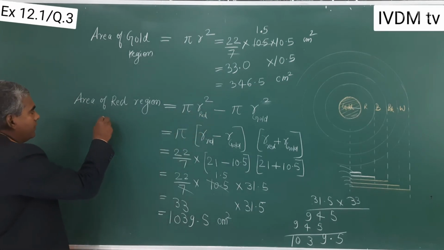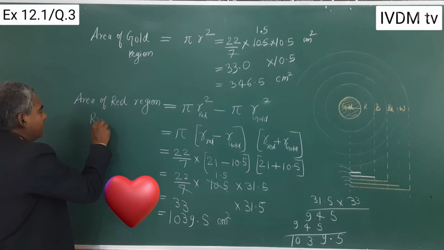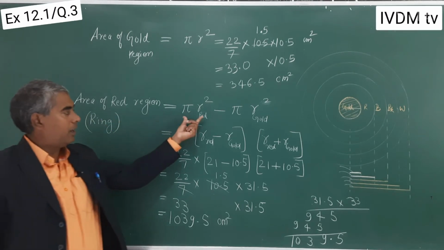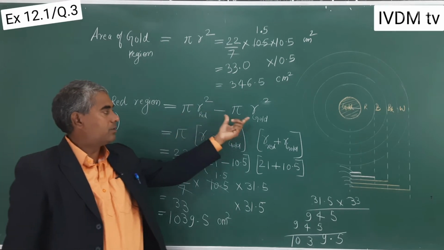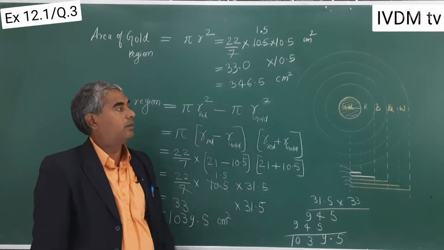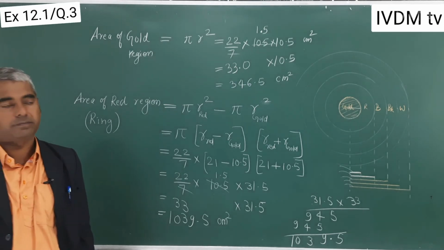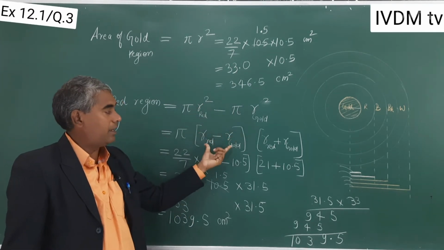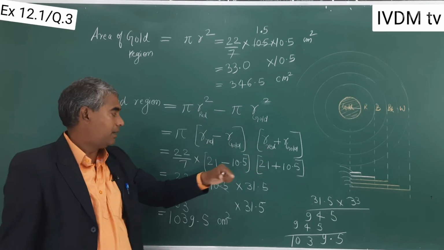So only one thing is important here: how you find the ring. The area of the red region, actually it is a ring, is pi times the outer area minus the inner area of gold. Then I have applied a square minus b square, a minus b, a plus b.